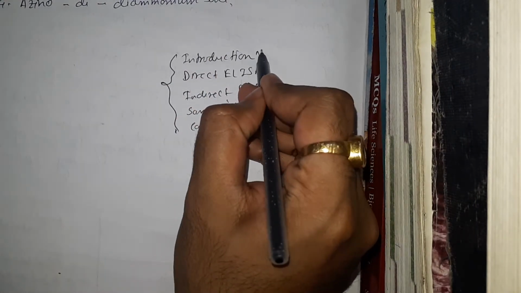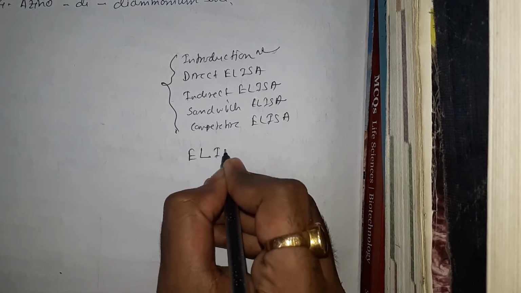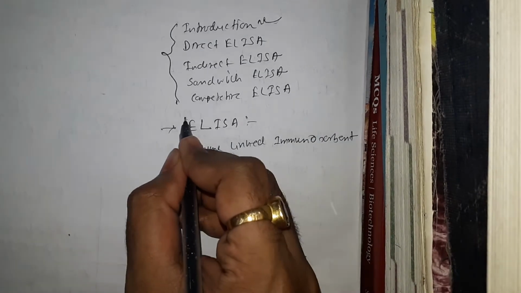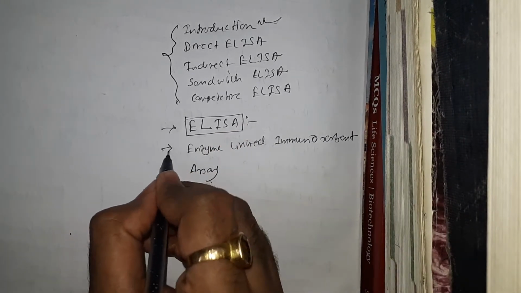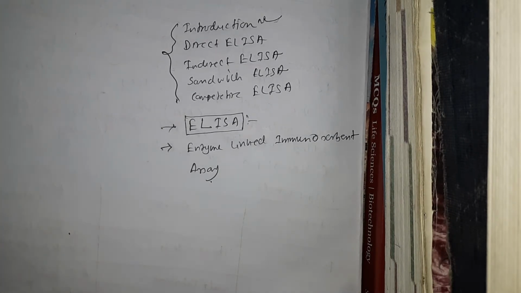So today we are going to talk about the introduction, what enzyme linked immunosorbent assay or ELISA is. The full form of ELISA is enzyme linked immunosorbent assay. If we concentrate on the full term, then we can easily interpret what the test is all about.